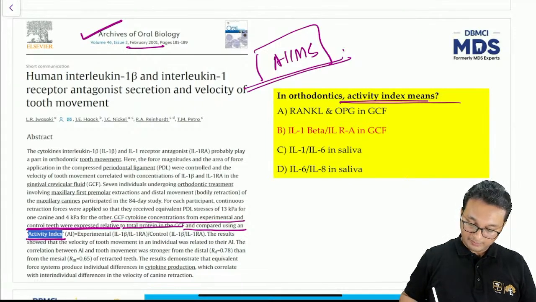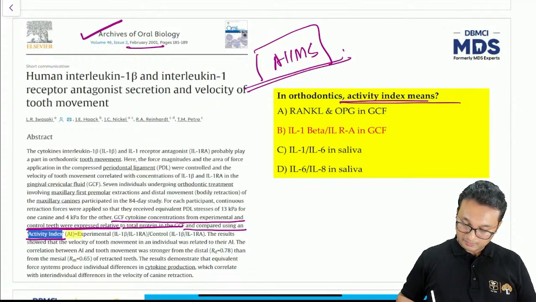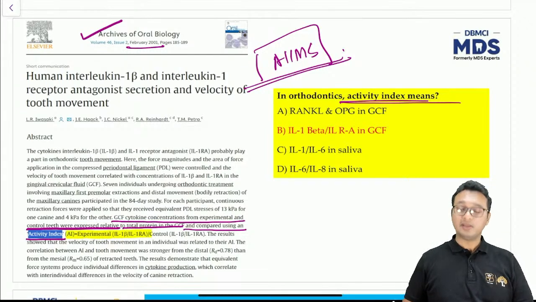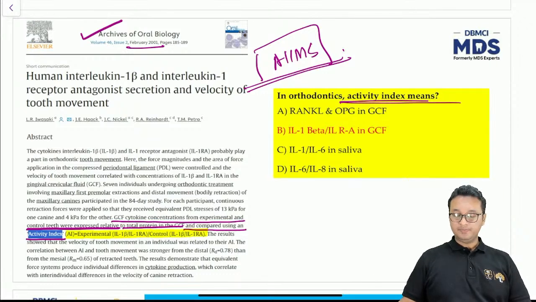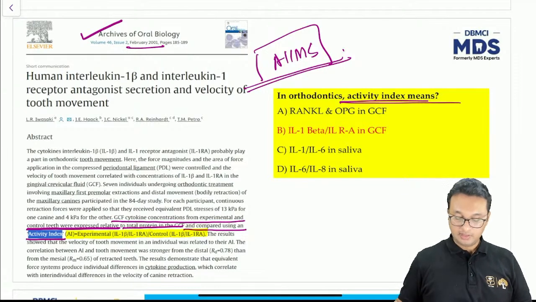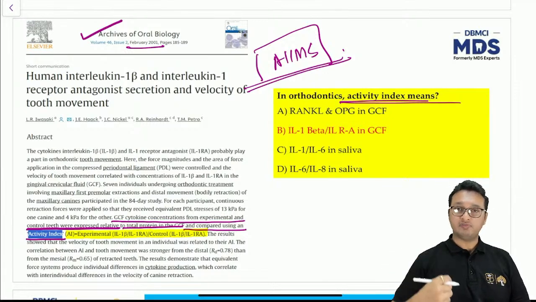So that means activity index means, let me highlight it for you. Activity index means experimental interleukin 1 beta upon interleukin 1 receptor antagonist, upon control interleukin 1 beta and interleukin 1 receptor antagonist. So we are comparing the experimental values with the control values.